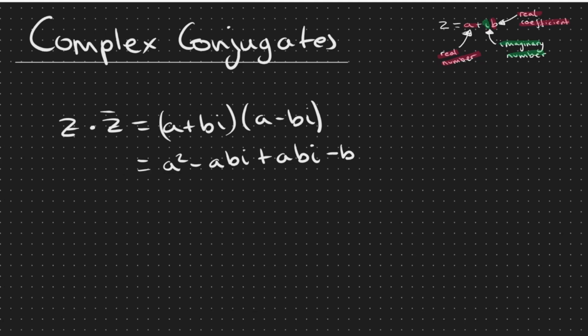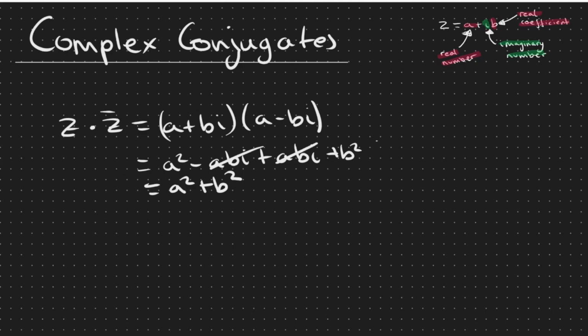Minus b squared times i squared, which would just cancel out, and we would get plus b squared, right? So now we have a squared minus abi plus abi plus b squared. These cancel out, and we're left with a squared plus b squared. So now we're just left with the sum of the two squares, which is really easy to calculate.